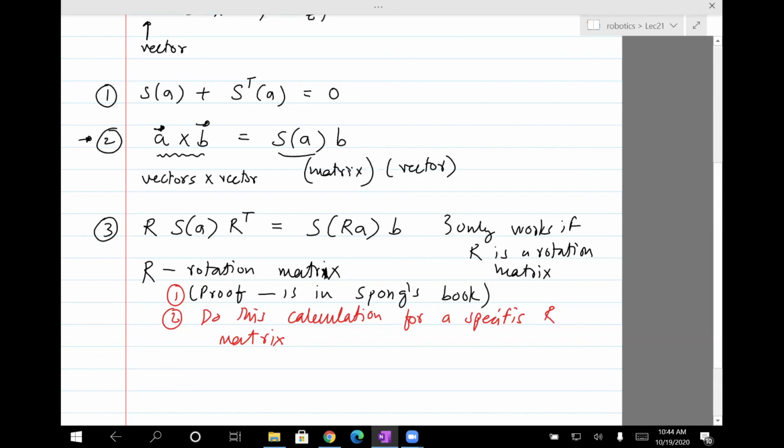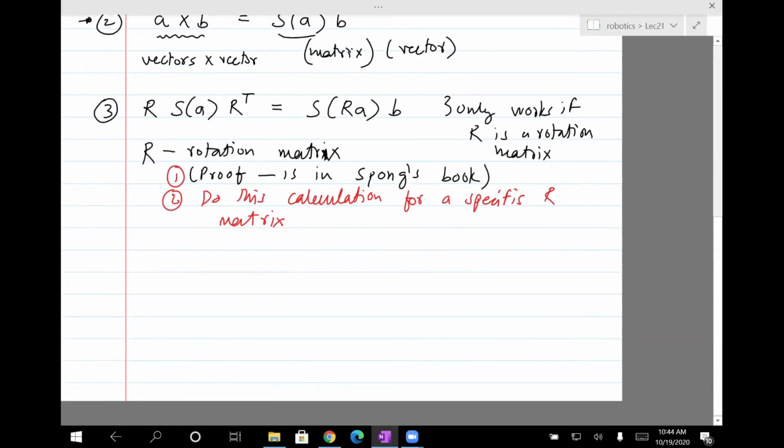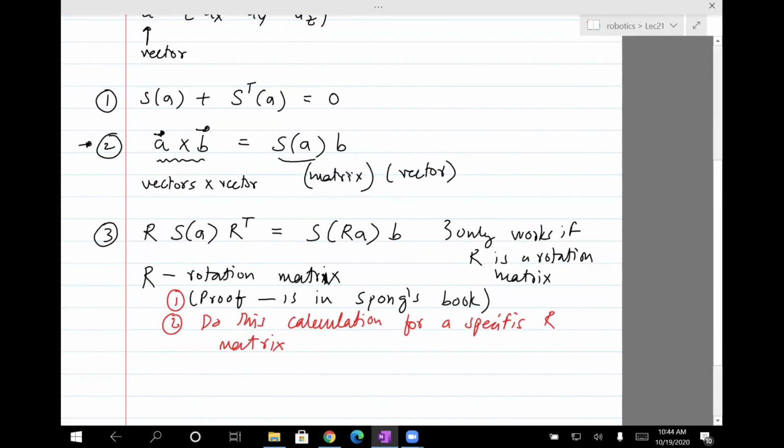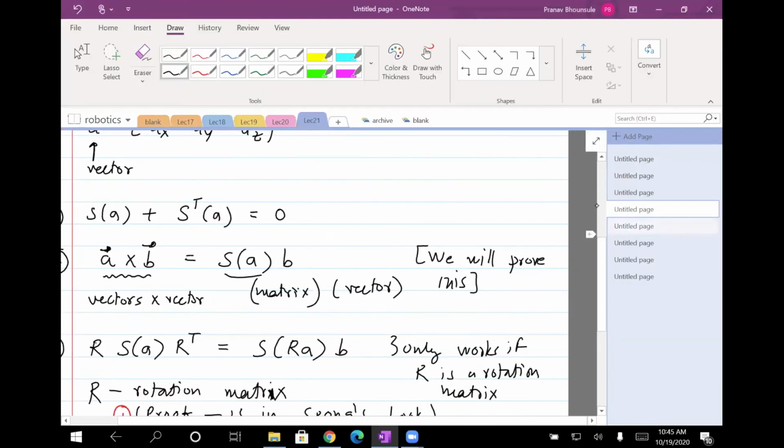And a lot of things we'll be doing today are going to be based on number two. Okay, so, proof of number two. We will prove this, and we'll prove it just by brute force calculation.